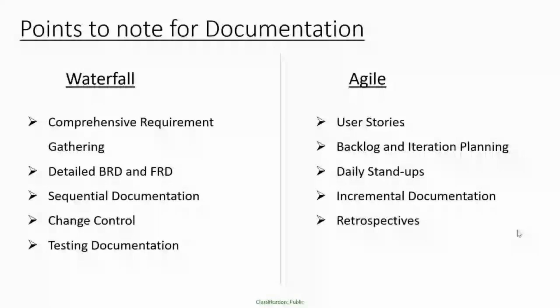Then you have something called testing and validation. Unlike waterfall, where the entire testing happens in the last phase of the project, here you have early testing, and multiple cycles of testing keep happening. There will be some documentation done for this also, at a very minimal level, of course.